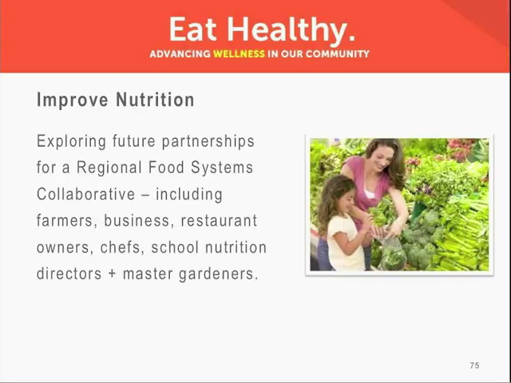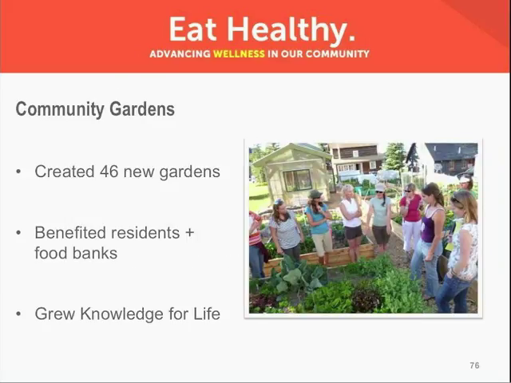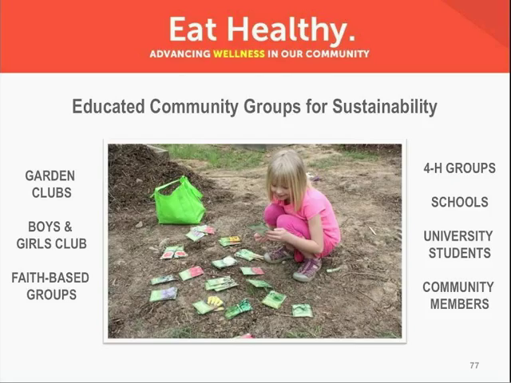They were key in developing partnerships for a regional food systems collaborative that included farmers and businesses and restaurant owners and chefs and school nutrition directors, and supported with master gardeners. And they partnered with Home Depot, where they helped to build beds for their gardens. And these community gardens had a broader reach than just traditional community gardens, because they helped provide food for needy families in food pantries. So the hospital was also able to broaden the reach.